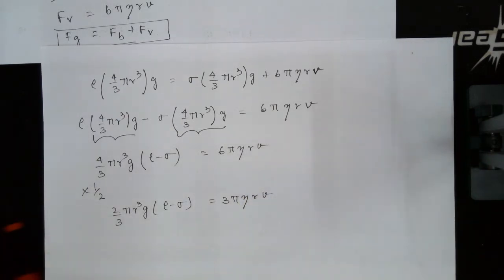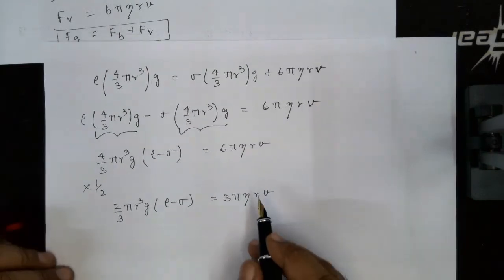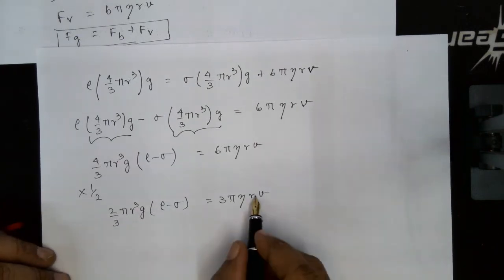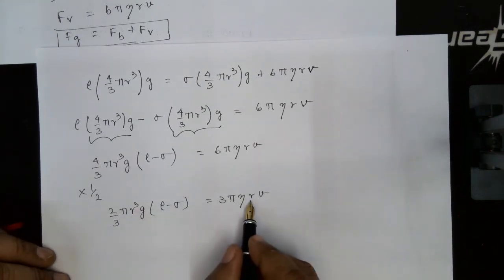Okay. Now from this we can calculate r cube. We can bring everything to this side, and r cube becomes r squared because of these two r.